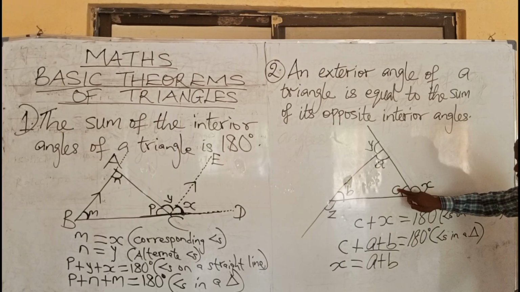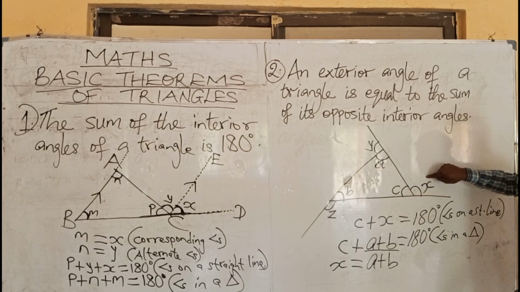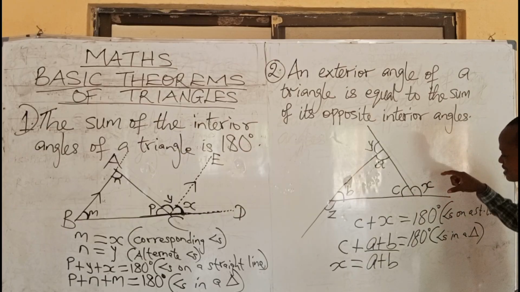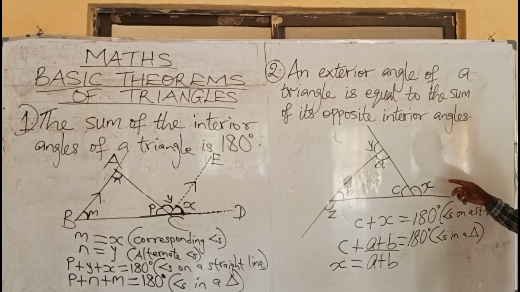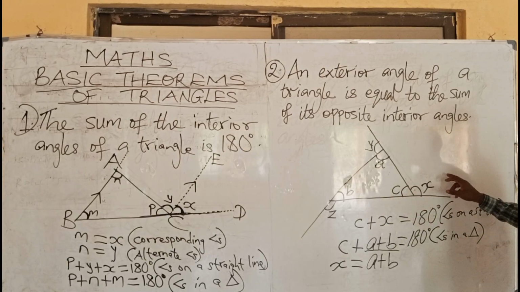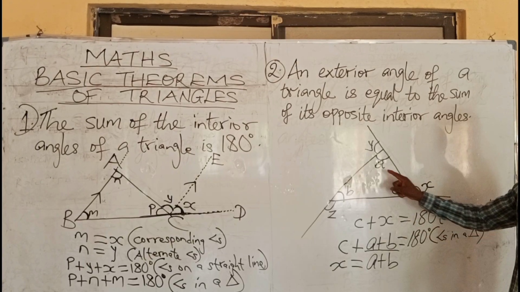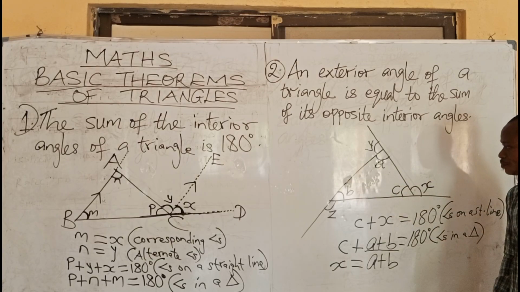In this case, C is an interior angle and it is adjacent to angle X. So if you pick it as X equal to A plus C or X equal to B plus C, you will be wrong because C is adjacent to X. So we rather pick the ones that are not adjacent. So we say X is equal to A plus B.